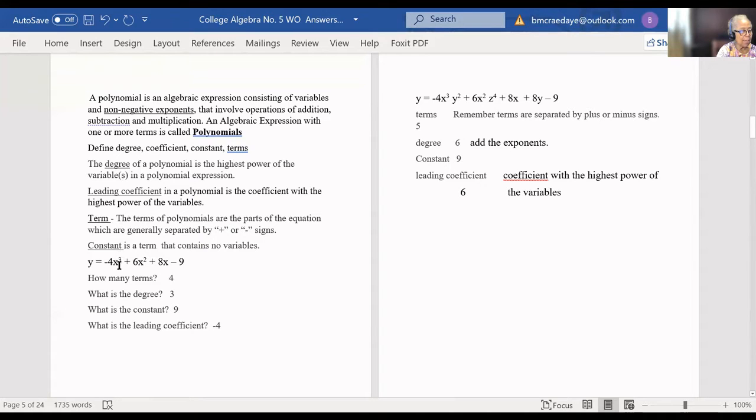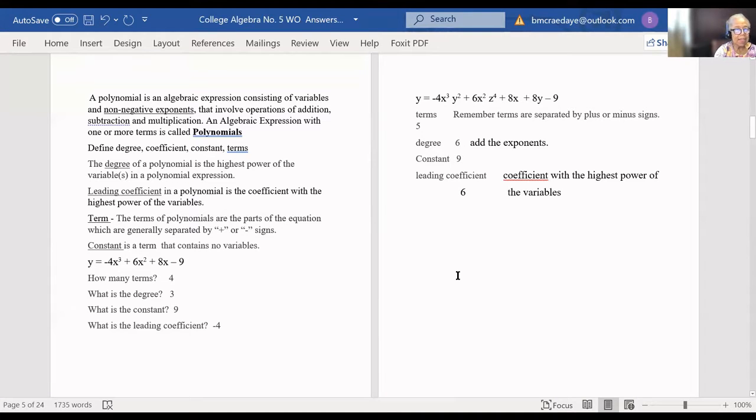The power that is the highest on the variable, and that's the 3 on this minus 4x to the third power. So the 3 is the highest, the degree is 3. What is the constant? The constant is 9. What is the leading coefficient? The number that is in front of the term with the highest degree, minus 4x to the third. So the leading coefficient is that minus 4.